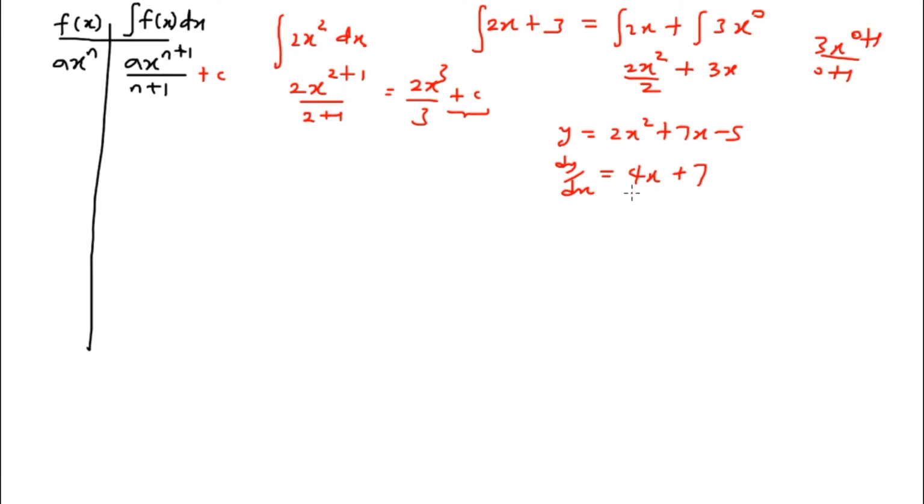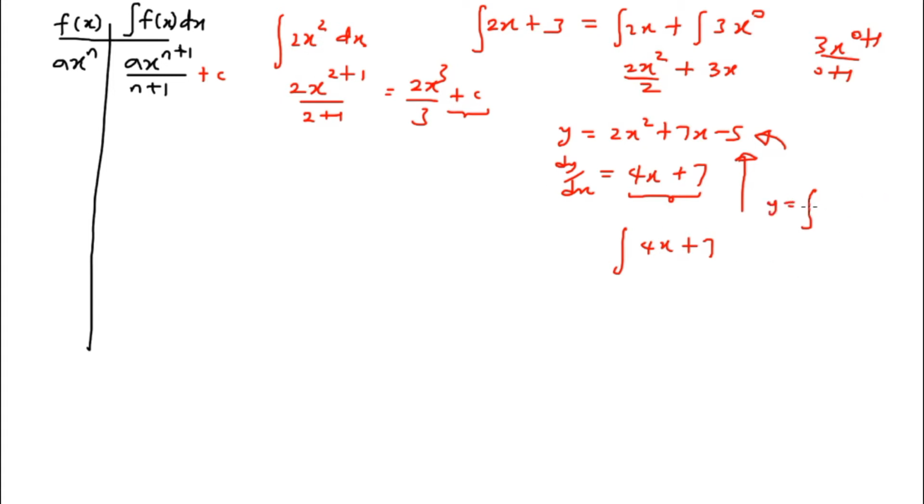Now for me to integrate 4x plus 7, I should return to this particular function, because integration is anti-derivative, that is the reverse of differentiation. So if I integrate 4x plus 7, I should get this function. It's like I'm integrating dy: this is y, so I differentiated it to have dy, and if I integrate dy, I should have y.